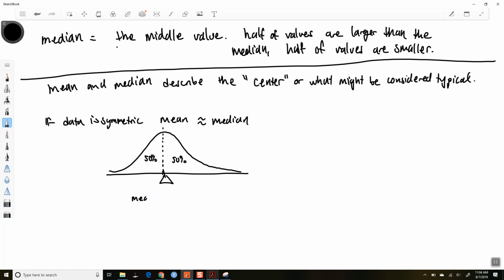The mean and median will have very similar values. Maybe they're slightly different from each other by a tiny bit, but the mean and median will have very similar values. Okay, what about skewed data?